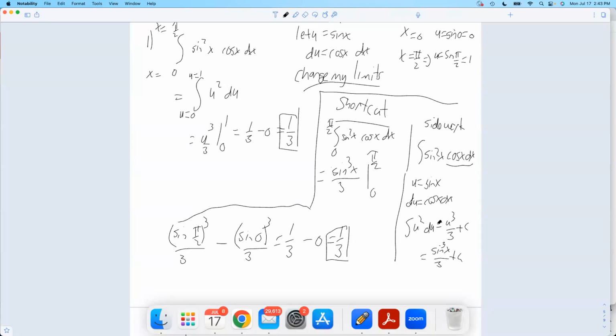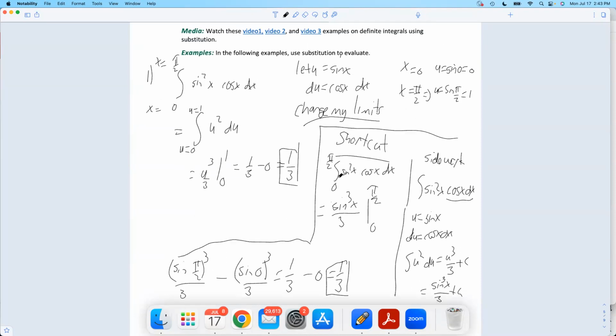I find it typically easier to change the limits. When I first learned this, back when I was in your shoes, I would use this method. I would do the indefinite integral and come back. Now that I've been doing this for 25 years or whatever, I think you're going to end up plugging it in anyway. Look, I get the same numbers. I still plugged in those values.